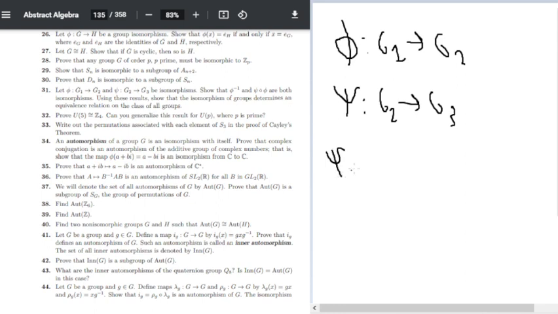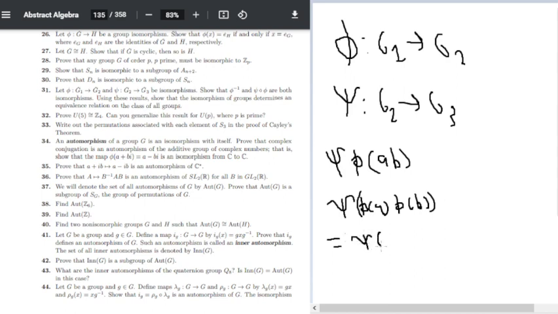And psi of phi(AB) equals psi of phi(A) times phi(B), which equals psi of phi(A) times psi of phi(B). So the operation is maintained.